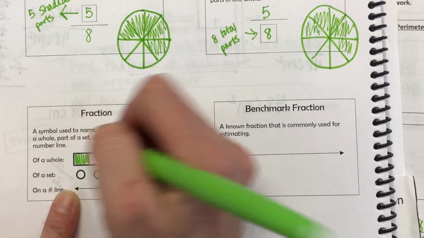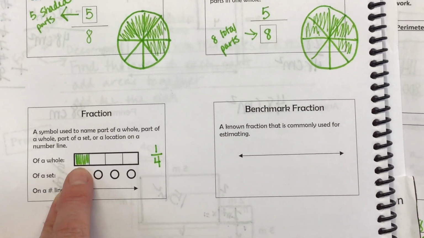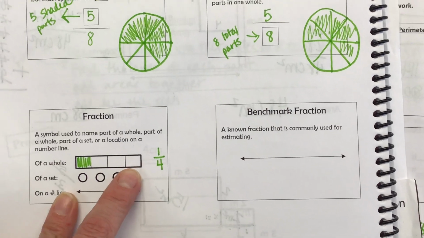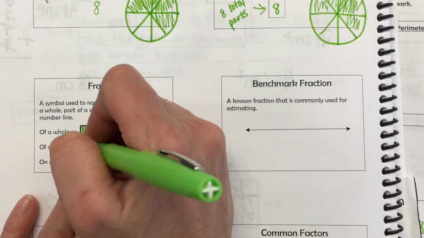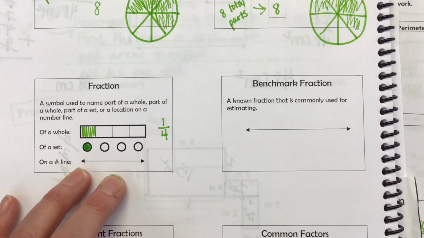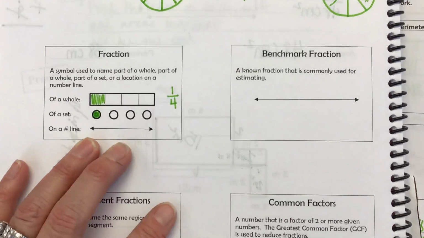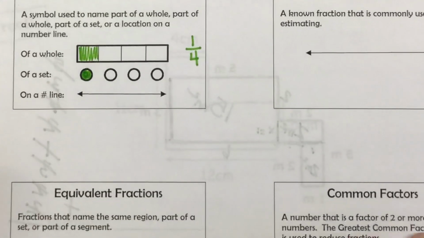And if I wanted to show the fraction 1/4, okay, 1/4 of that whole shape is shaded in. If I have a set of 4, then 1/4 means 1 out of the 4 are shaded in. And then on a number line, okay, it's important to be able to visualize fractions.